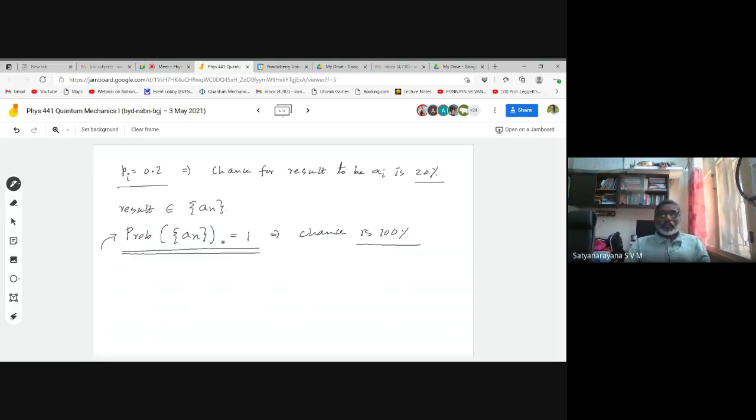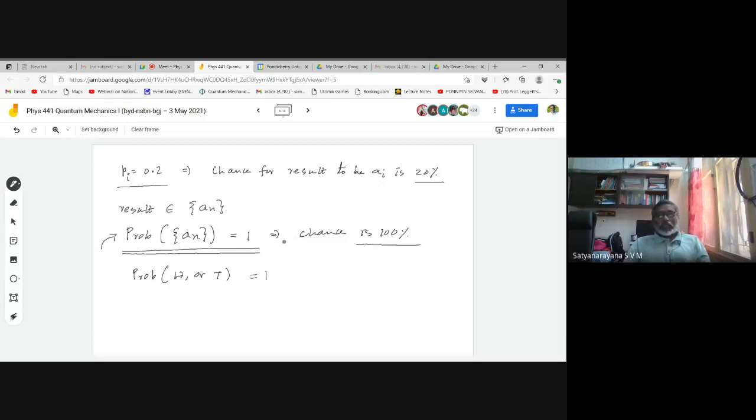If you toss a coin, with head and tail, and you ask what is the probability that you can get head or tail, and you say that is equal to 1, that means it is 100%. That means there is no other outcome that is possible. So in terms of the totality of the outcomes, we are certain. That is what it means.